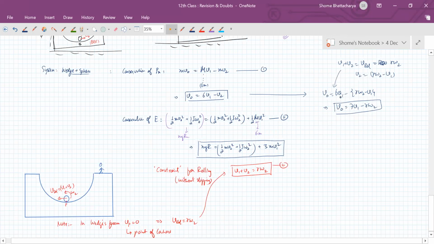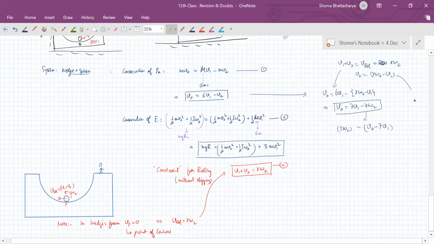Since in this equation we are substituting this. So now we have r omega in terms of V0 and V1.